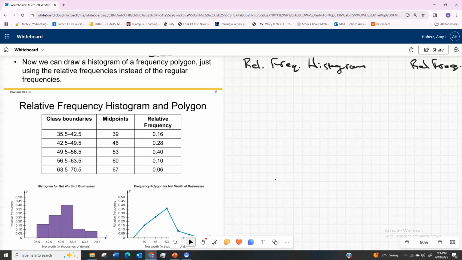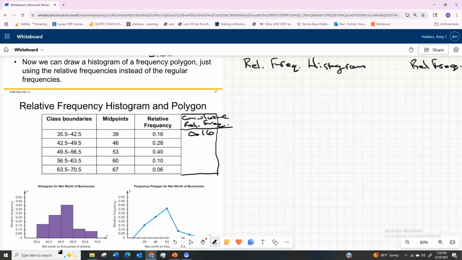So the other way to do this, instead of going back to the frequencies and doing the cumulative from there, you could also do the cumulative relative frequencies from these values. Okay, so this would be 0.16.